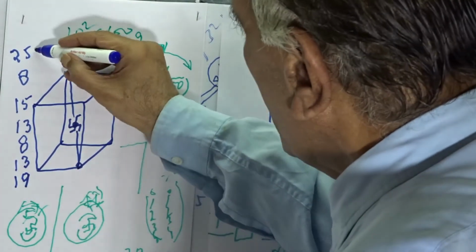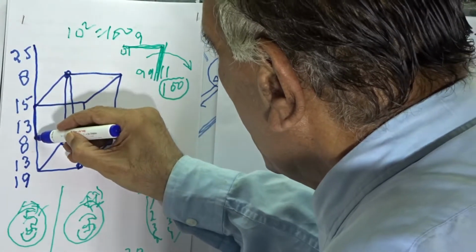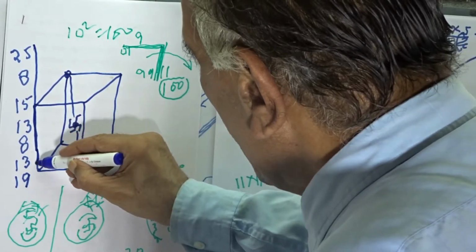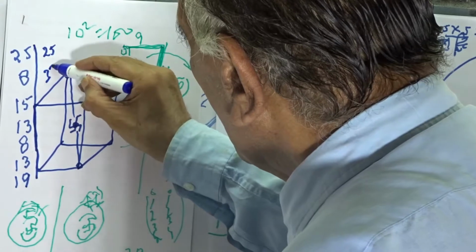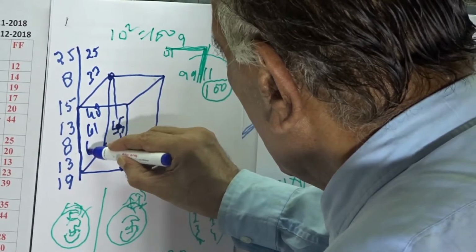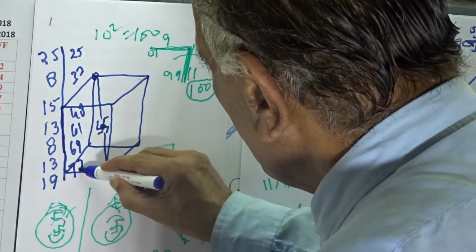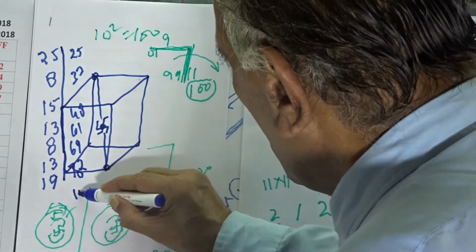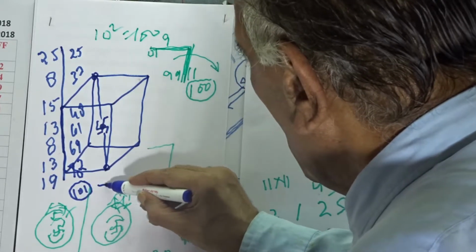So we have 25, 33, 48, 61, 69, 82, and 101, and this value is the value of Yajurveda.